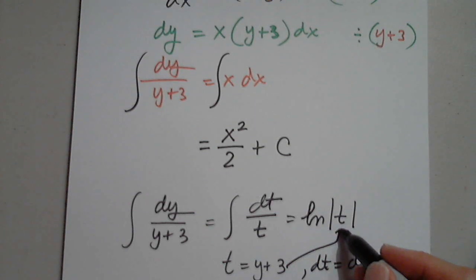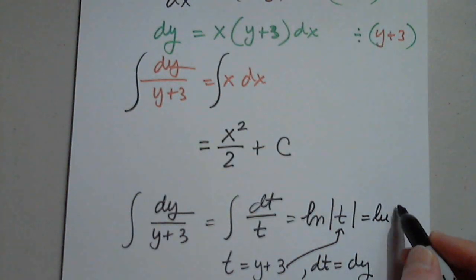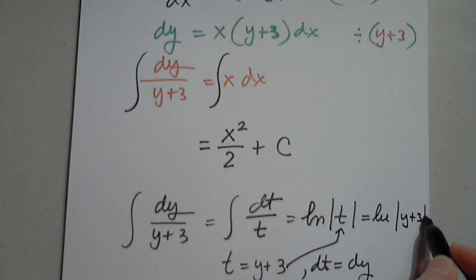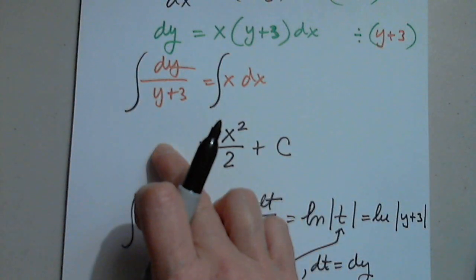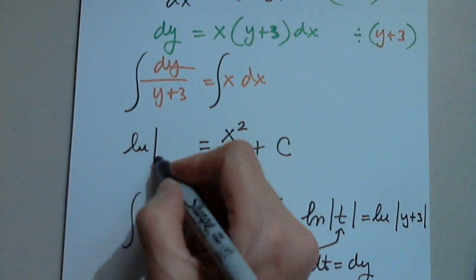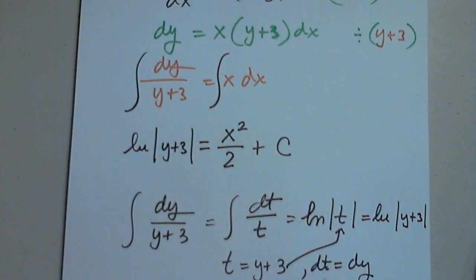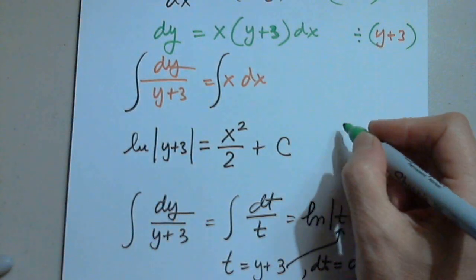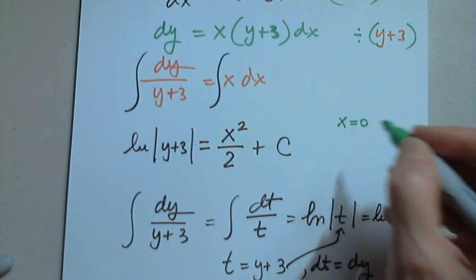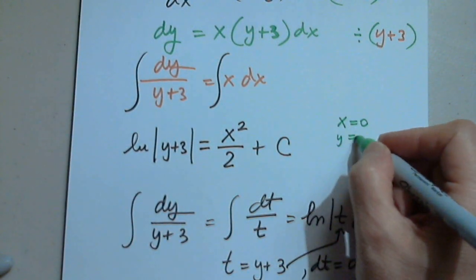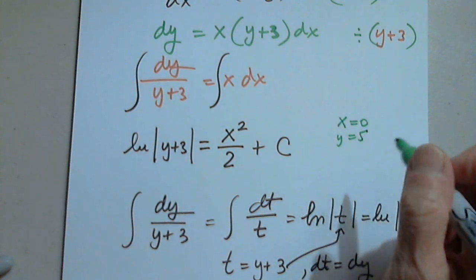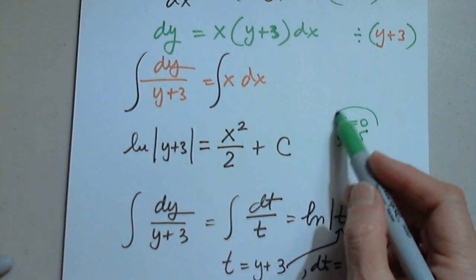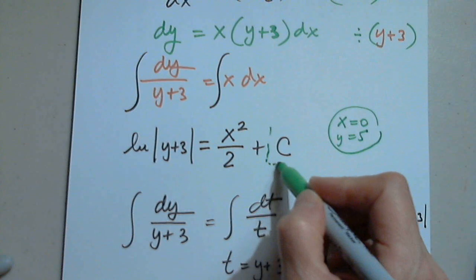So now I have to replace this. So this is natural log of the absolute value of y plus 3. So this is what I have on this side. Natural log y plus 3. Now, we are given that condition. When x is 0, y is 5. This is given to us in order to find c.